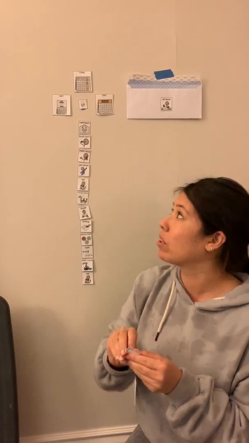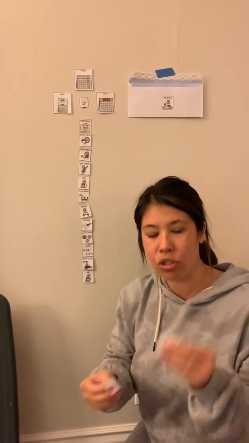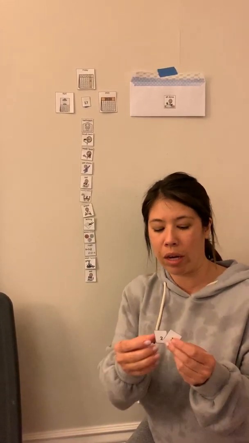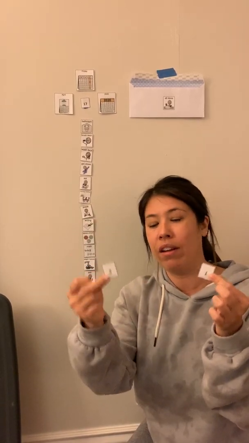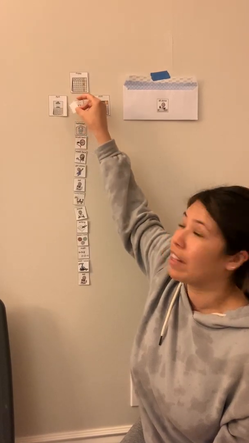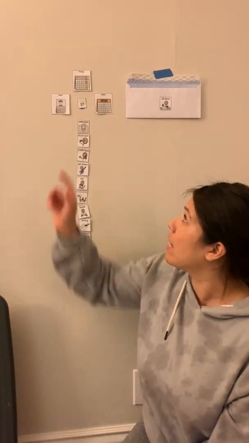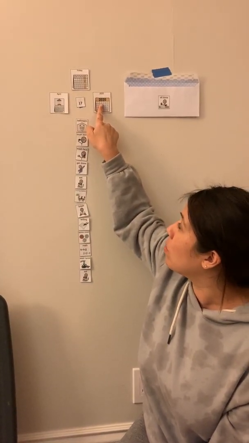So again, similar to the choosing of the days of the week, you would give them maybe 2 options, or if you think that your student can handle more, you might show 3 options. Is today April 1st or is today April 2nd? And then have them pick the one, you'd stick it up there. And then the year is 2020. And after you put it all together, you could say, that's right, today is Friday, April 17th, 2020.